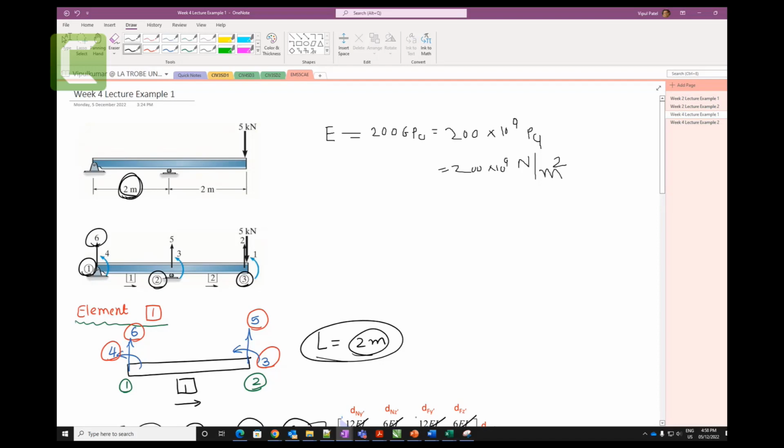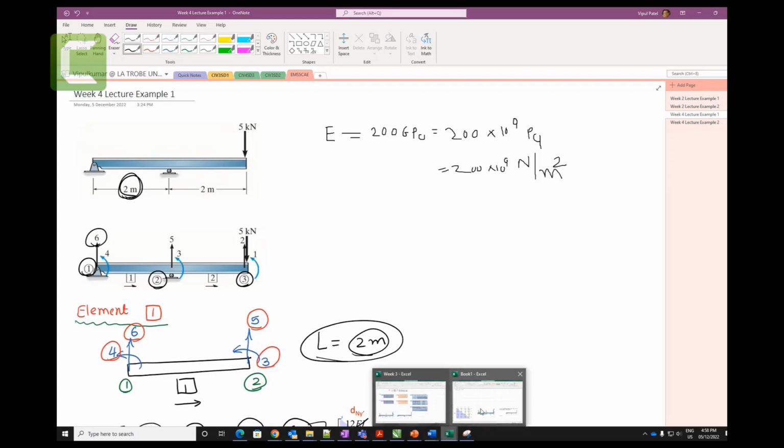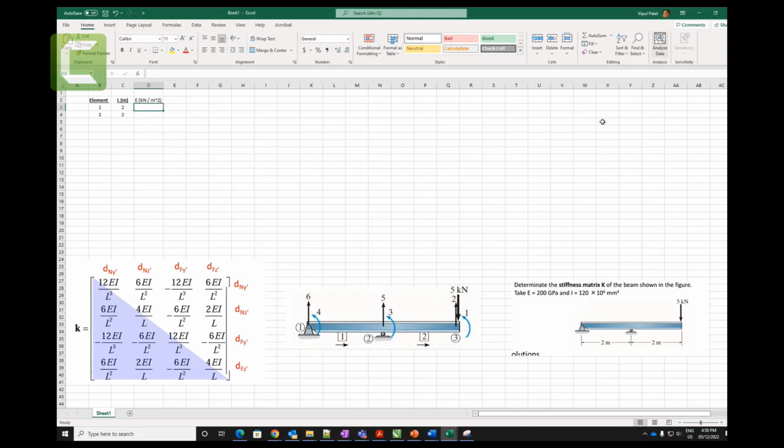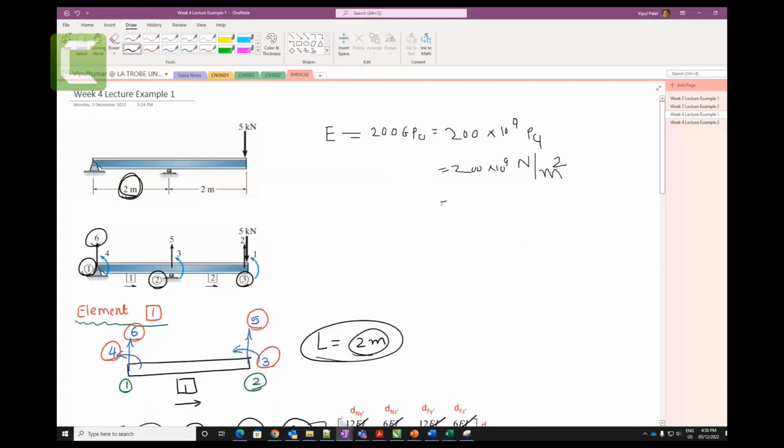But I want this one in kilonewtons. You can see that. I need kilonewtons because my load is in kilonewtons. So I can just divide the whole thing by thousand to make it kilonewtons. So I can say that 200 times 10 to the power 9 becomes 10 to the power 6, kilonewtons I can write now, and kilonewton per meter square.